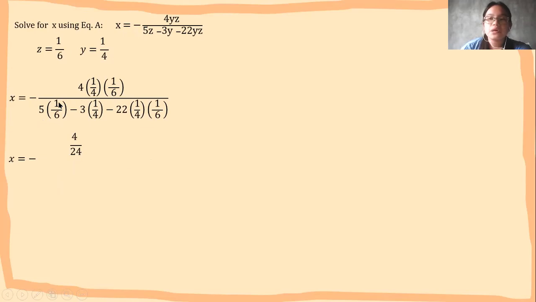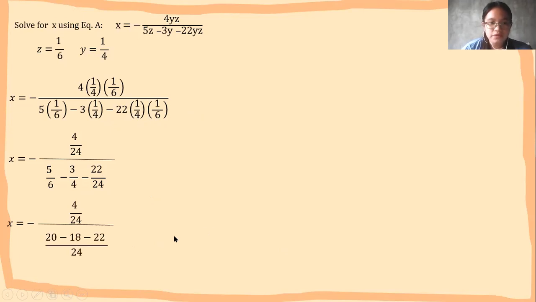Then 5 times 1/6, we have 5/6. Negative 3 times 1/4, we have negative 3/4. Negative 22 times 1, so we have negative 22. Then the denominator, we have 24. So 22 over 24. Then let's find the LCD, which is 24.